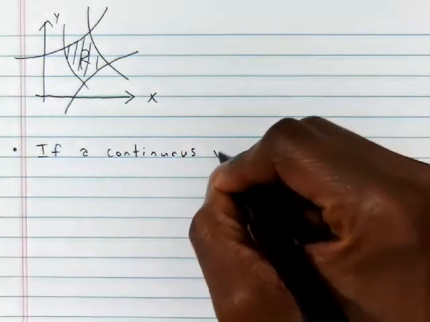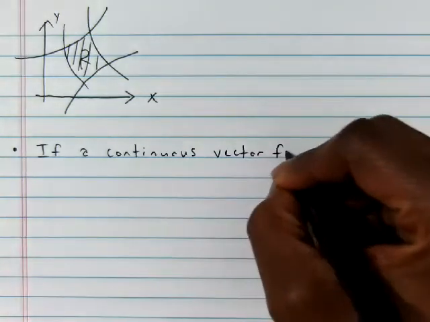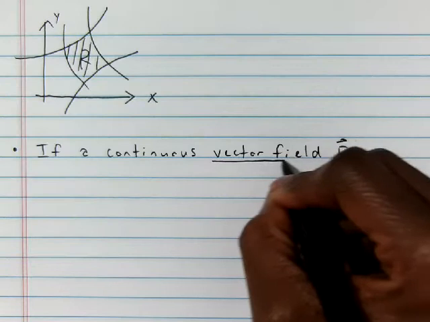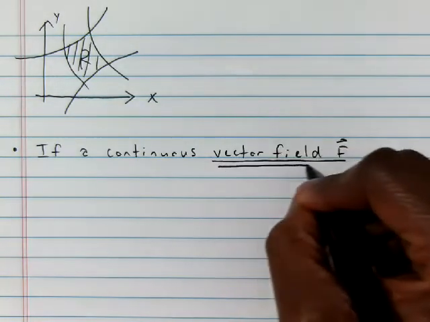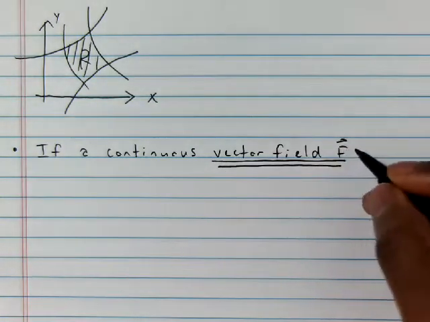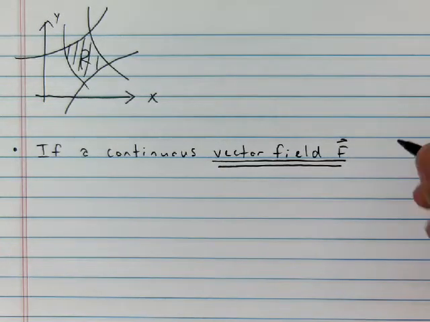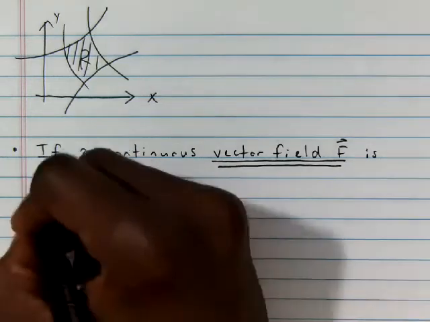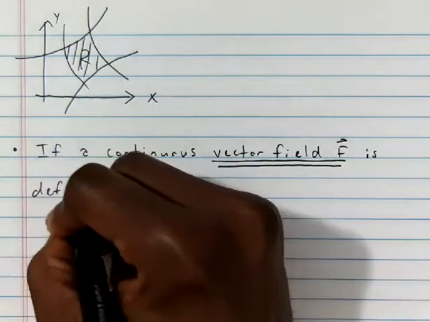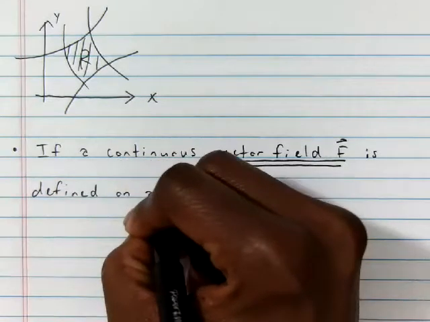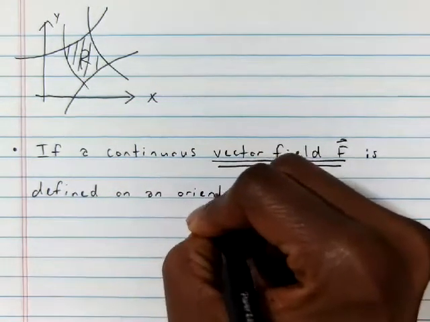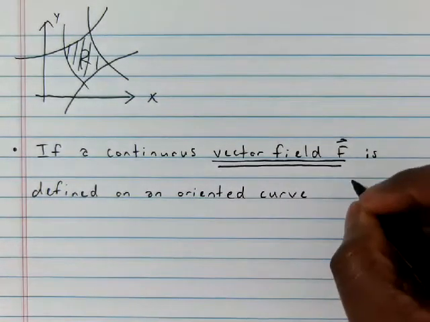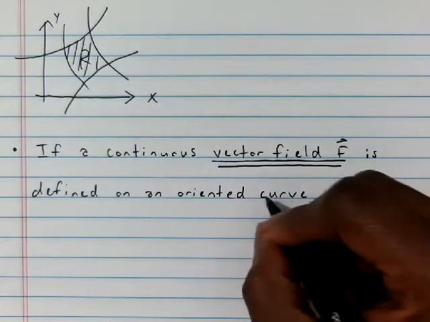So if a continuous vector field F, so now this is a vector function, is defined on an oriented smooth curve.